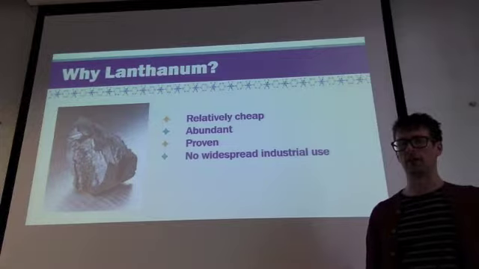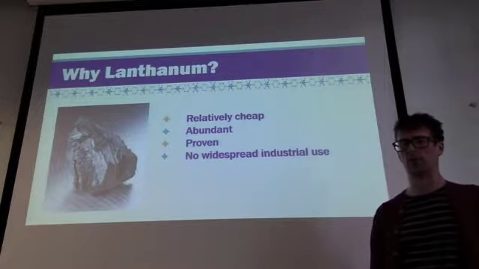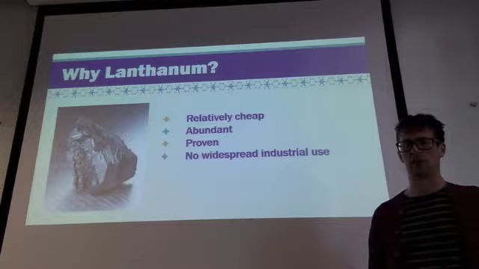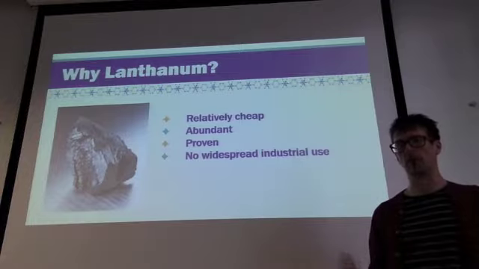In fact, neodymium oxide at the moment is worth around 30 times more than lanthanum oxide. So clearly there is some merit in trying to derive proper industrial uses for these, at present, more neglected members of the rare earths family.